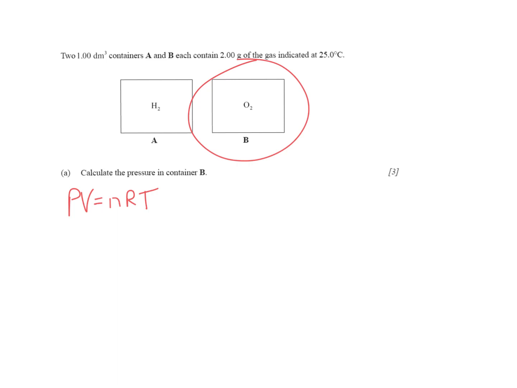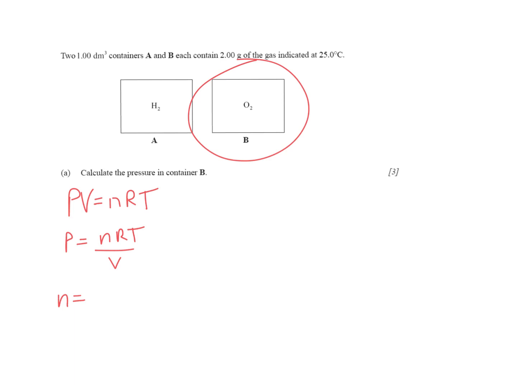So rearrange it. It's going to be pressure equals nRT over V, right? And then we can lay out each variable. So number of moles. How many moles are there? Well, there's 2 grams of it, and the gas is oxygen.